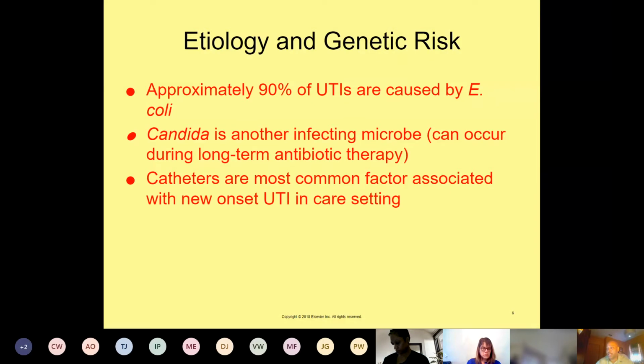And so if a woman has an infection, then the organism can get into the urethra and begin to travel upward or ascend towards the bladder. Now, other microbes that can cause an infectious cystitis would be your viruses, your mycobacteria, as well as parasites, etc.